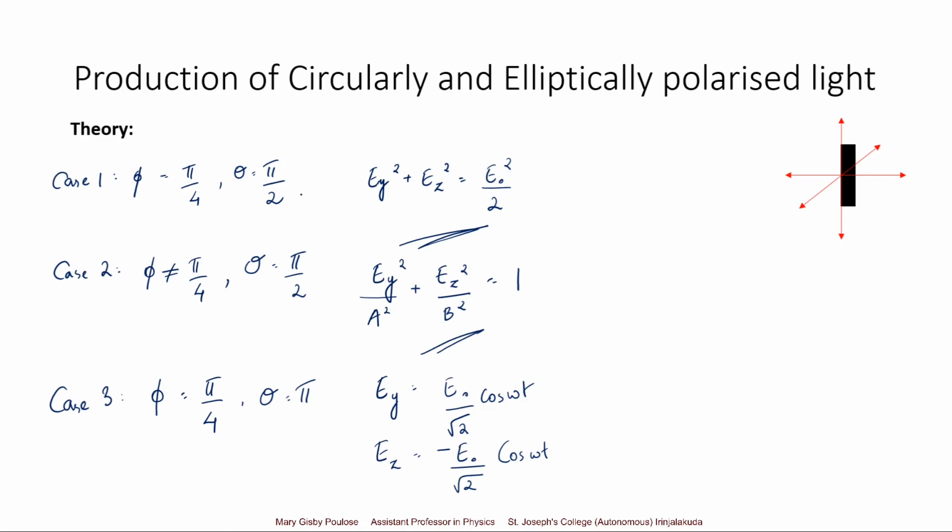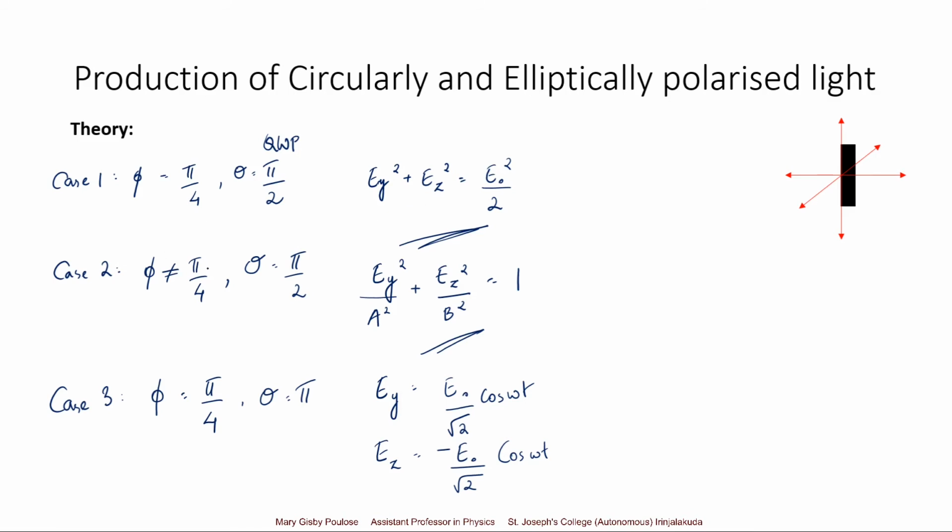From these cases we understand that when light is incident upon a quarter wave plate, since the phase difference between the O ray and E ray is pi by 2, it corresponds to a path difference of lambda by 4. This is a quarter wave plate. So when light is incident at 45 degrees on a quarter wave plate, we can make plane polarized light into circularly polarized light.